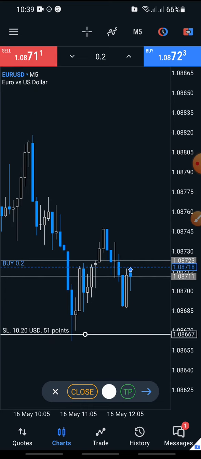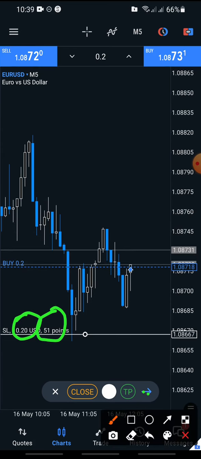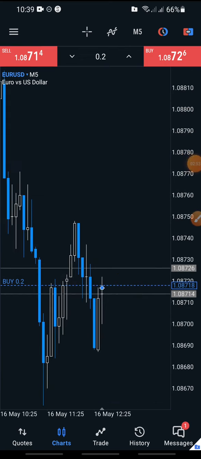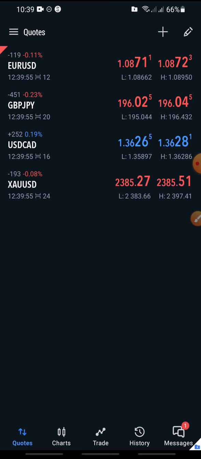It means that I'm accepting that I want to lose just $10. As you can see, this is $10 and I'm risking just 51 points. That means I'm risking 5.1 pips, which is 5 pips and 1 pipette. That's our spread. That's my stop loss.